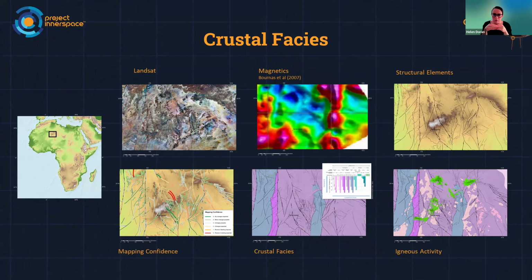Most of these sets are publicly available, but what we're doing is analysing and interpreting these to build up a structural and crustal model that also includes igneous interpretation. And that's really, really important for geothermal, that we include the igneous activity within our facies model. Where available, we'll cross-check our models with seismic and well data.